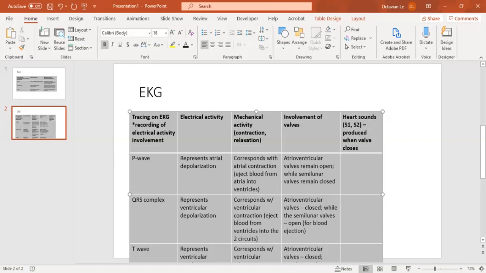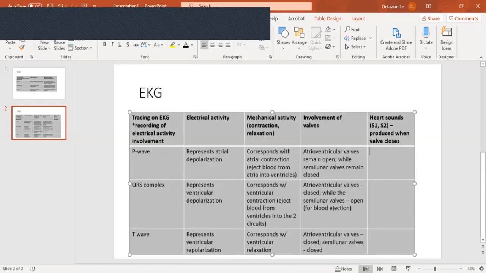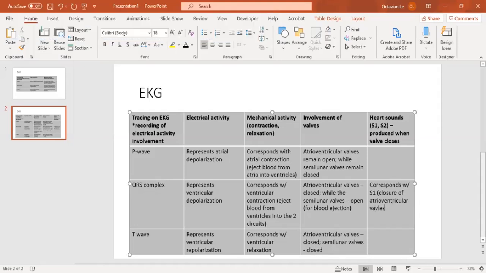So when the valve closes, that's when you produce heart sounds. So we know for a fact that the P wave does not correspond with any heart sounds. The QRS corresponds with the S1, the closure of the atrioventricular valves.